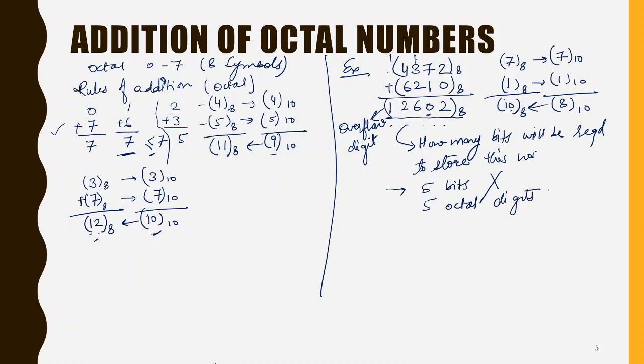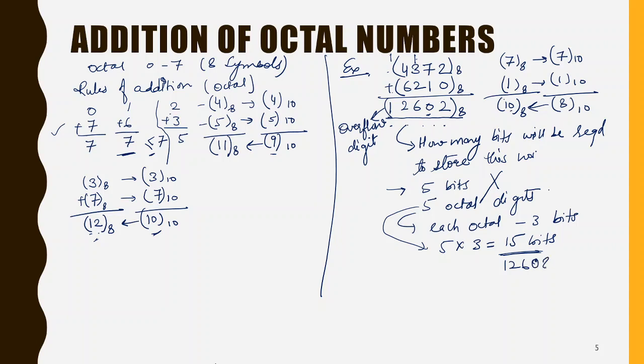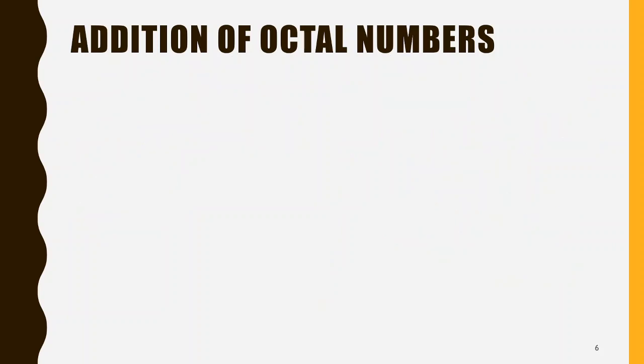And as you remember, each octal digit is equivalent to 3 bits. So in total there are 5 octal digits, so 5 into 3, that is 15. So it requires 15 bits to store this octal number. Fine.